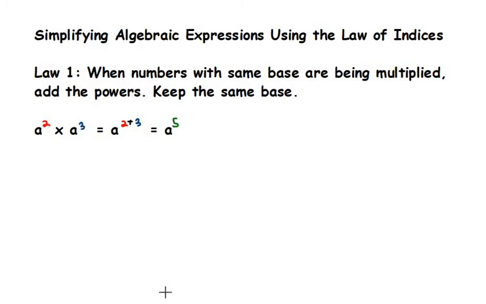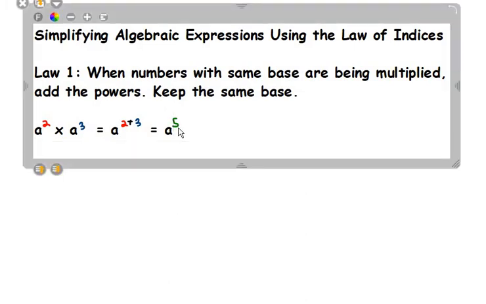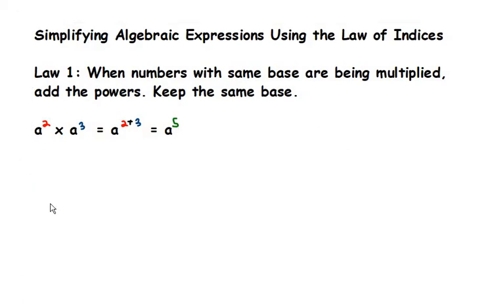And that's basically it. Alright, so let us write it out in expanded form and see if we actually have the correct answer. Now, a squared in expanded form, remember the power tells you how many times the number is being multiplied by itself. So this in expanded form would be a times a.